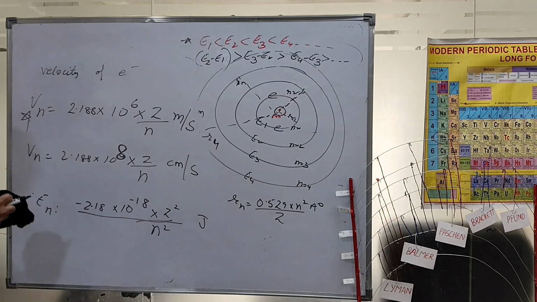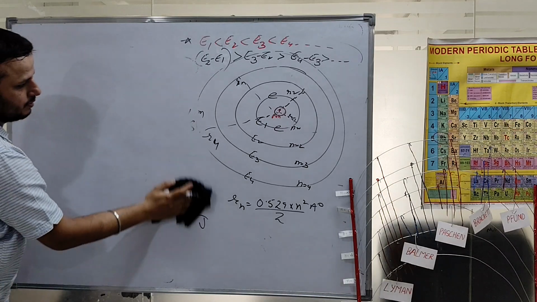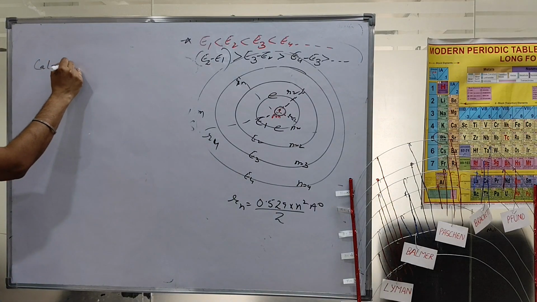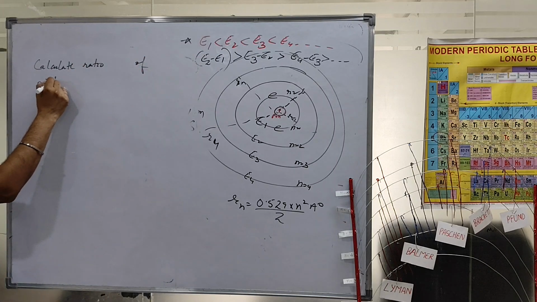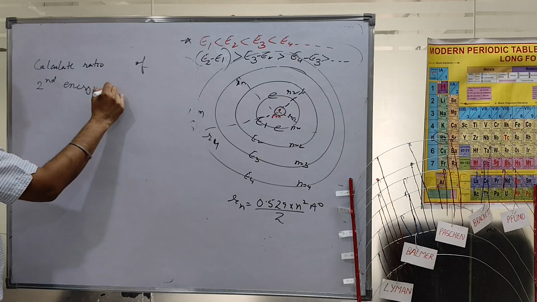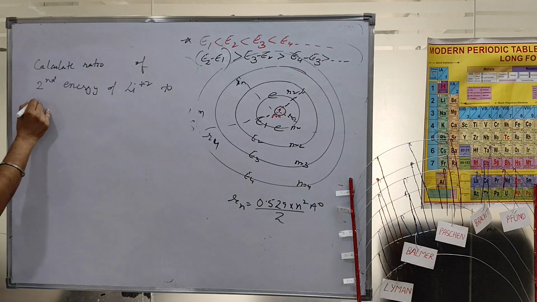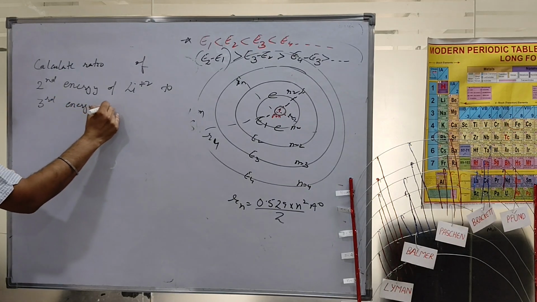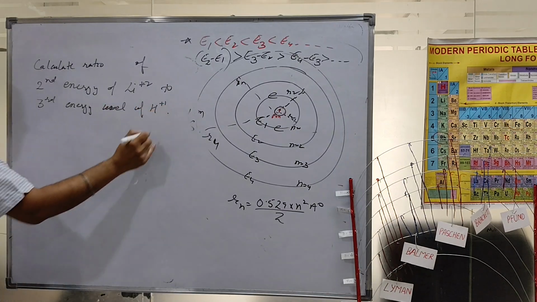So let us take one example. Calculate the ratio of second energy level of lithium plus 2 to third energy level of hydrogen.